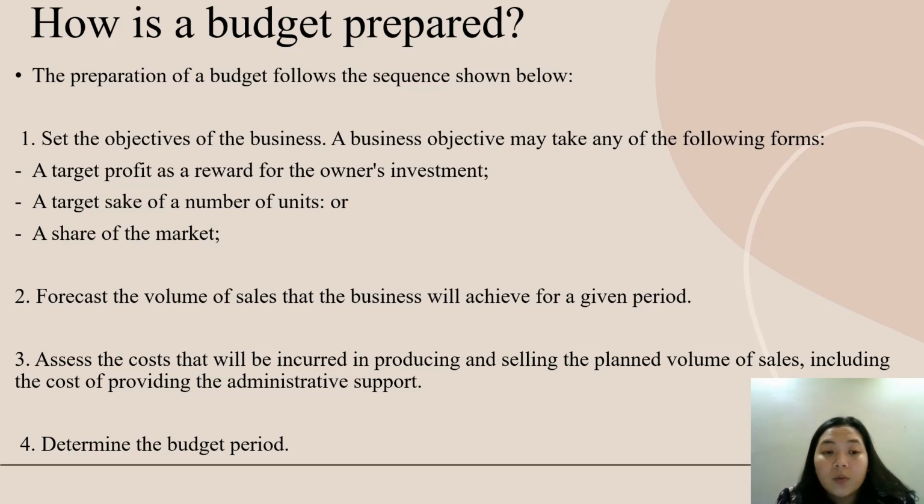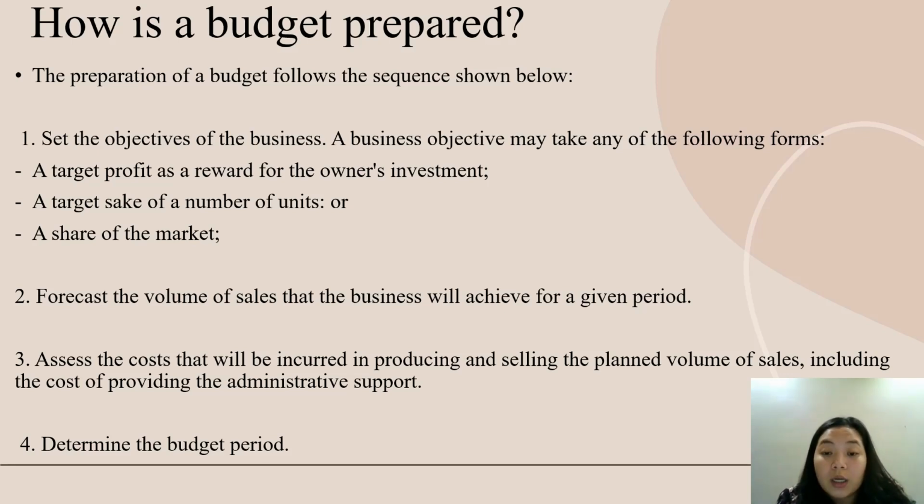And then the second one is forecast the volume of sales that the business will achieve for a given period. So we need to check, or like using break even. So how much is the volume needed to achieve the goal to have a profit? Number 3, assess the cost that will be incurred in producing and selling the planned volume of sales, including the cost of providing the administrative support.